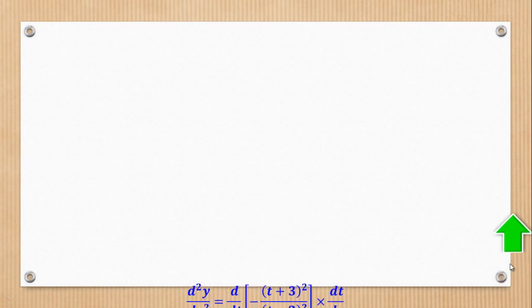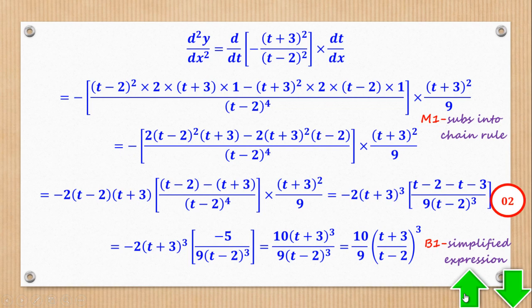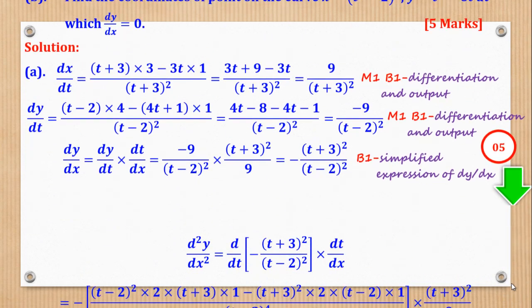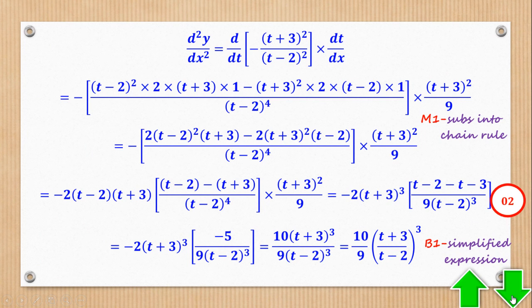Then part B says, find the coordinates of the point on the curve x this and this, y equal to that, at which dy/dx is 0. So they want you to first get dy/dx and equate to 0.